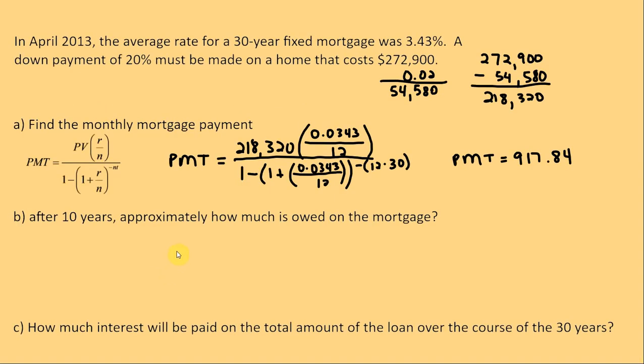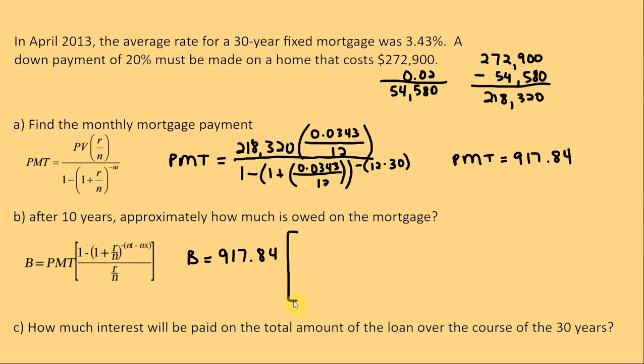So let's determine how much is owed on the mortgage after 10 years, using the formula that we just looked at. To find the balance, we put in the payment amount of $917.84, and that's multiplied times 1 minus 1 plus our rate changed to a decimal, 0.0343, divided by the number of times per year.